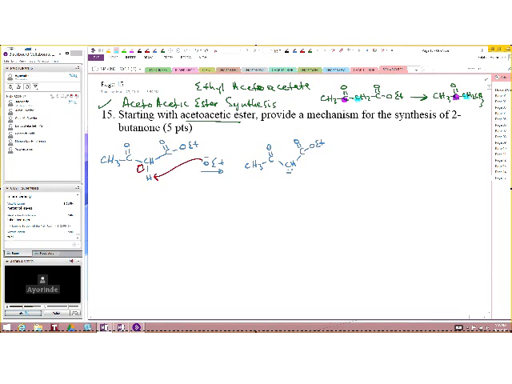So what does that tell us? What kind of alkylating agent do we need to use? Because if you look at here, we need to form a new carbon-carbon bond right here. So what is the alkylating agent we are going to use here? Okay, methyl bromide. Excellent. Okay, very good. So now we have to use methyl bromide.